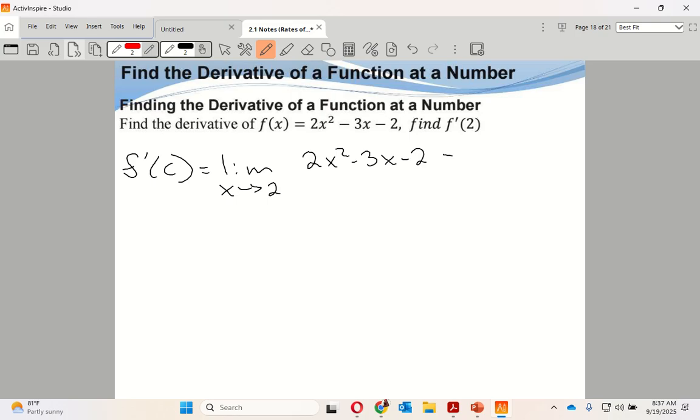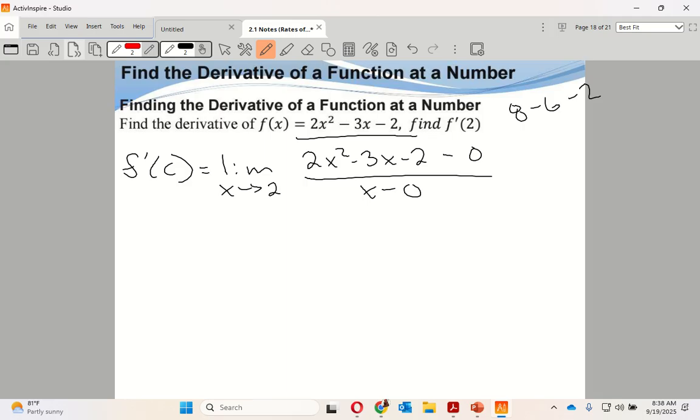So that's going to give me, I plug all this in, 2 squared is 4, times 2 is 8, minus 2 times 3 is, and minus 2. What's that going to give me? 0. Over x minus 0, right?